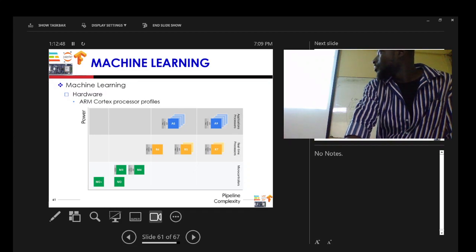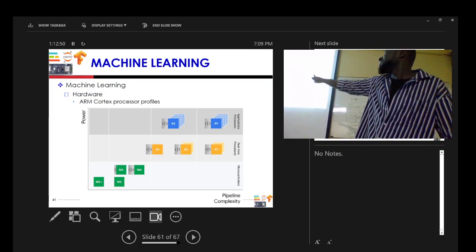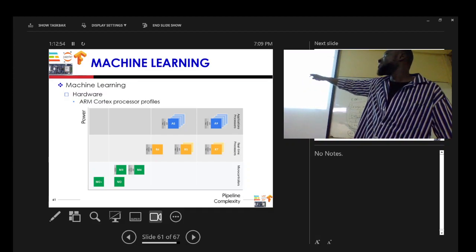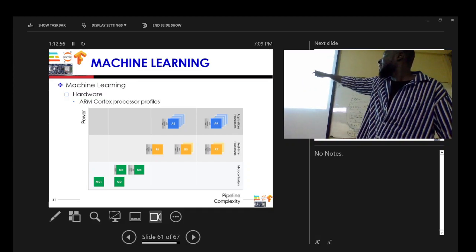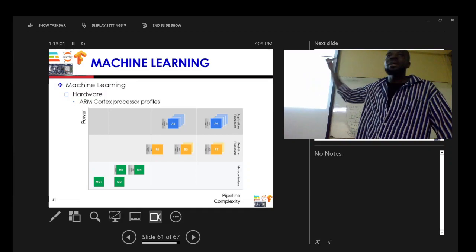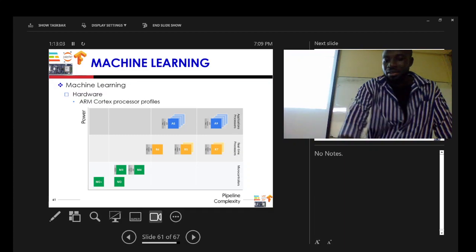They have what is known as the M series, M0 plus, M0, M3, M4, and then they have the R series, and the A series. All of these depend on the kind of applications that are going to be run.